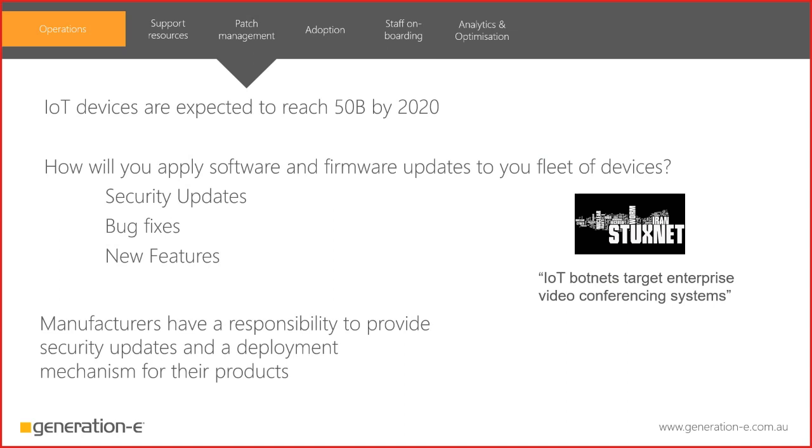They're all IP connected devices, generally managed by some cloud or software platform, with sensors and inputs and outputs on them, so they really fall into the category of IoT. With so many of these devices being deployed, you need to consider how you are going to update them, because they will generally need security updates and bug fixes, and maybe new features you want to deploy as well.